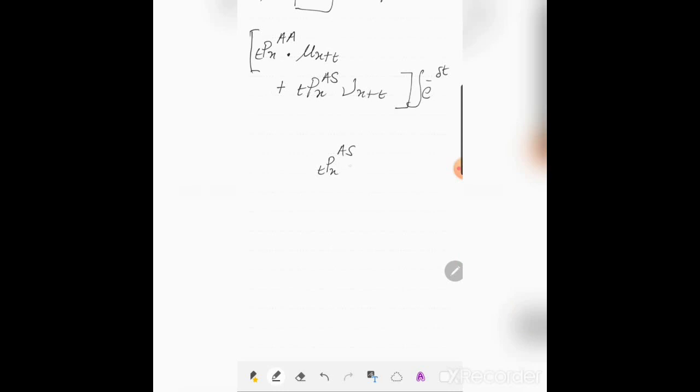From x to x plus t, what is the probability that he is in state S, given that he is in state A initially, and I'm paying a benefit of 1, and I want to find out the present value of it. So this is the present value, and I'm integrating it from 0 to infinity. This will give me the expected present value of the sick.